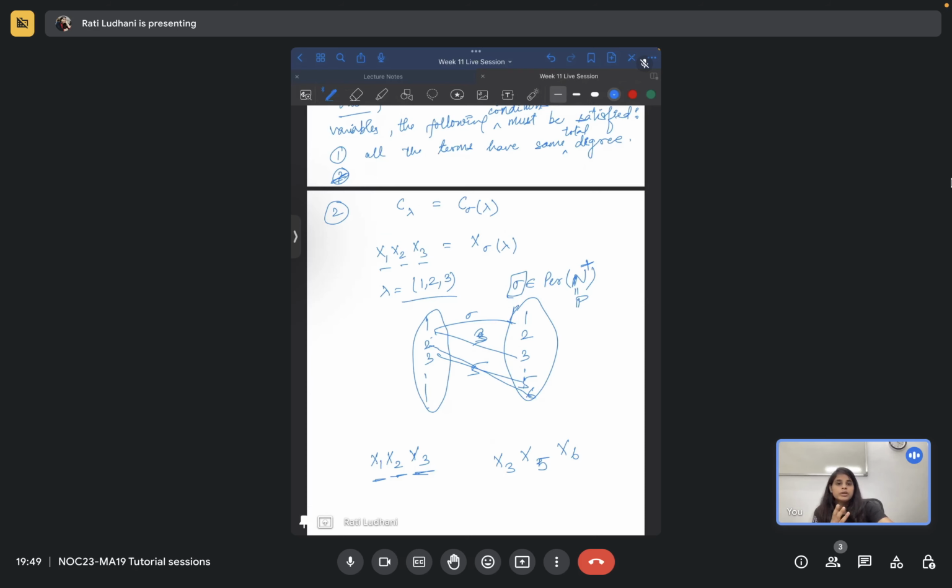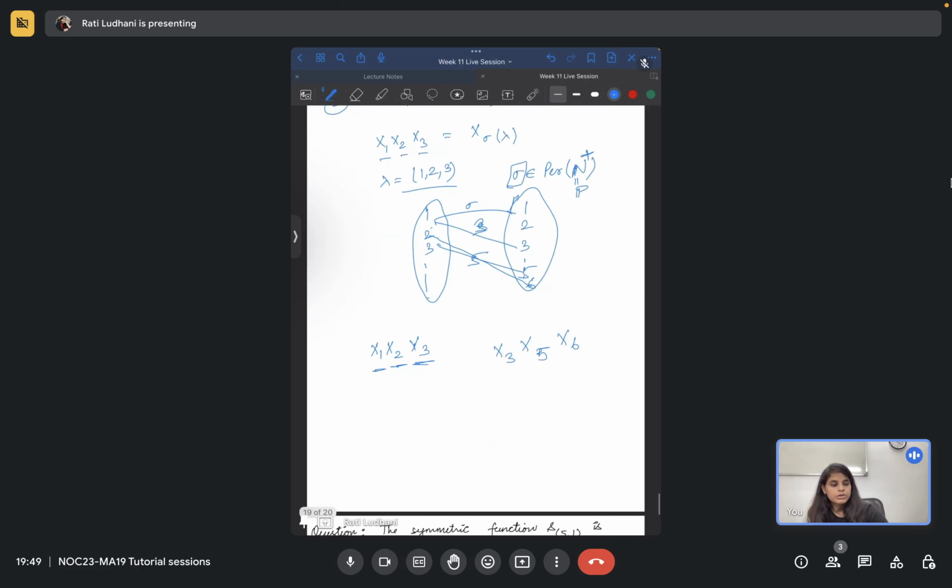What is the requirement for a symmetric polynomial? F of x1 x2 and so on should be the same as F of x sigma 1, x sigma 2 and so on. If you permute your variables, you must have the same polynomial you started with. That is the symmetric property we require.